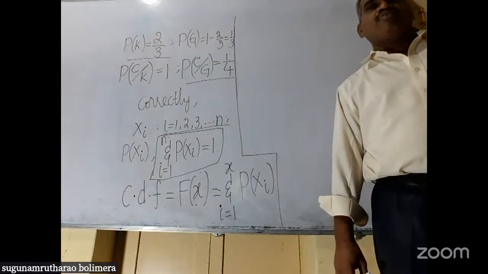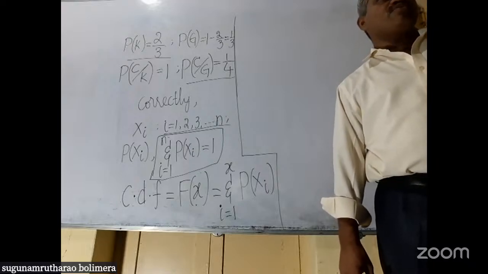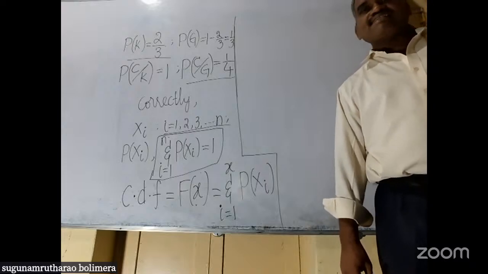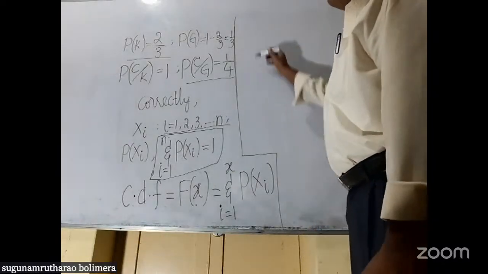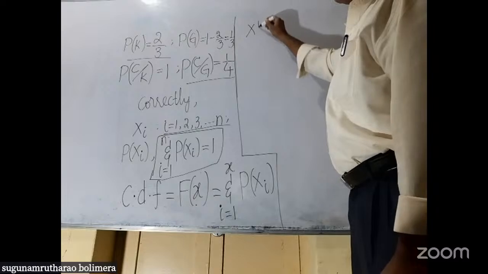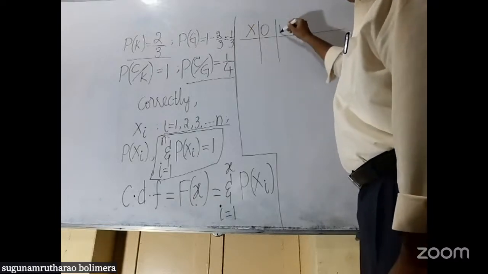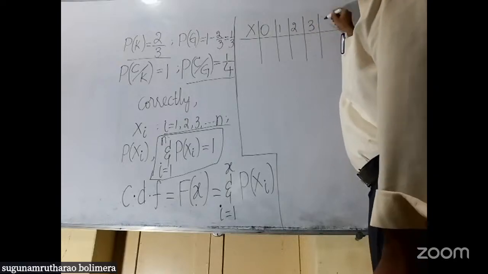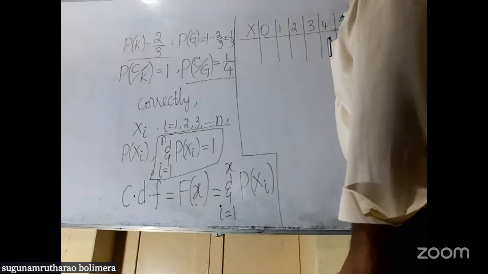Right now, the probability distribution function is given as follows: x is 0, 1, 2, 3, 4, 5, 6.